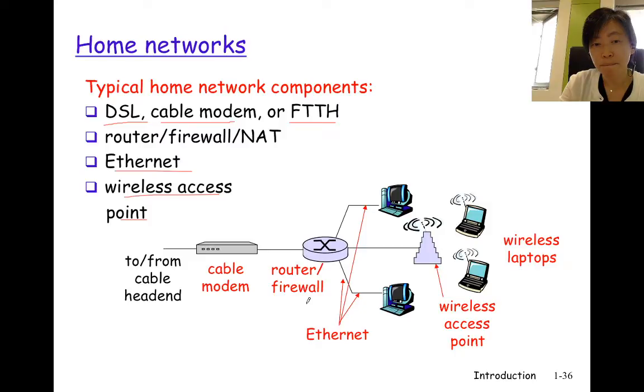Say you're sitting here or here. In case you're moving around with the laptop without a physical Ethernet connection, you are using the wireless access network technology. If you are sitting at a desktop and it's connected through Ethernet, you are using this access network technology.